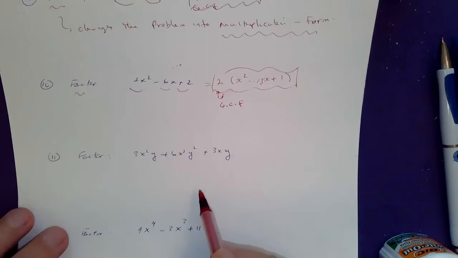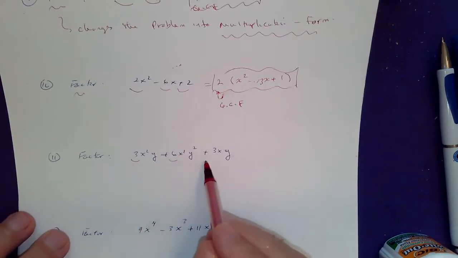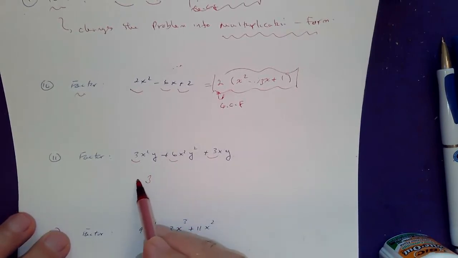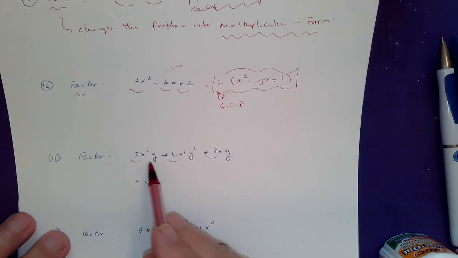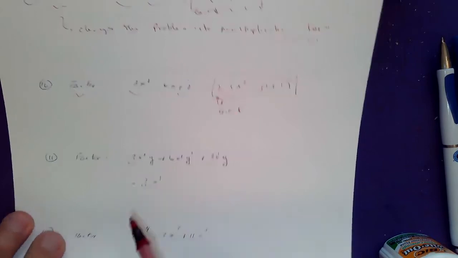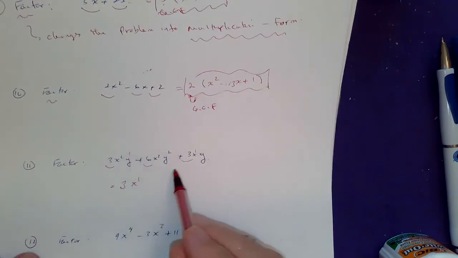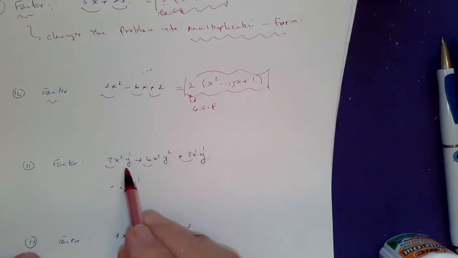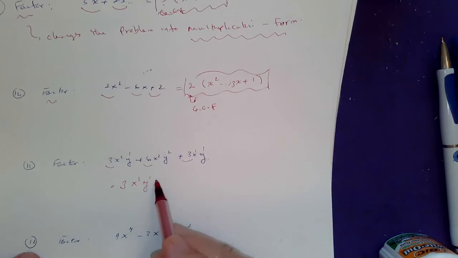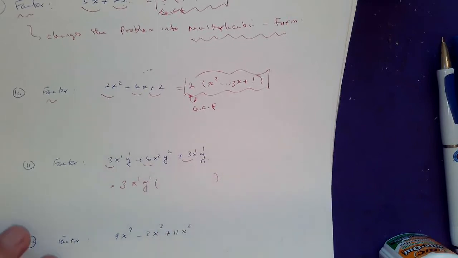What about this trinomial? Between the coefficients, I see greatest common factor is 3. Between the x's, I choose the one with the lowest, but make sure they are what? In common. Okay, between the y's, I choose the one with the lowest. Both of these guys have y to the first, so I'm going to choose either.